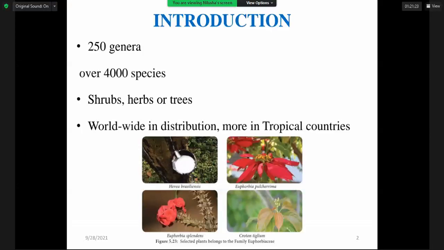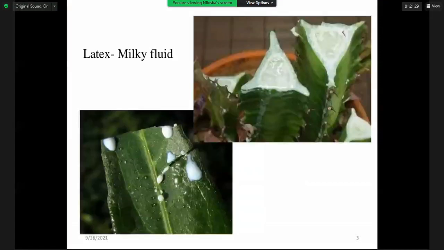These are examples of the Euphorbiaceae family. I already told you that this family has a special character, latex. Latex means after cutting you can see the milky fluid coming out.